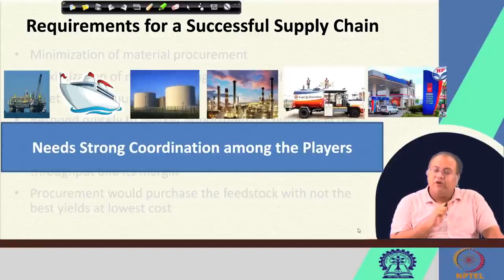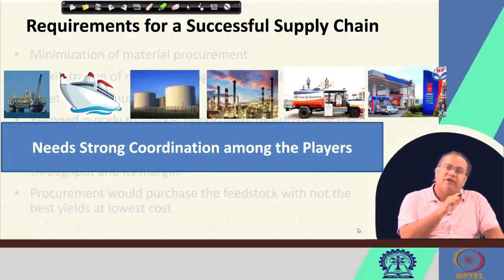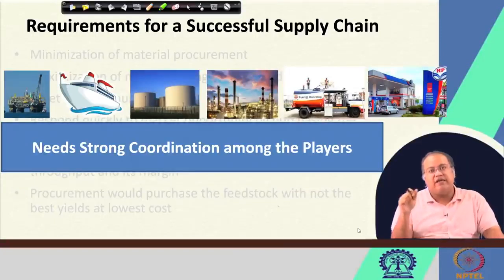I need strong coordination among all these players at different levels of the supply chain, starting from the production of the crude oil to its distribution, then refining, then marketing, and finally the final retail. In this entire end-to-end path, I need strong coordination.